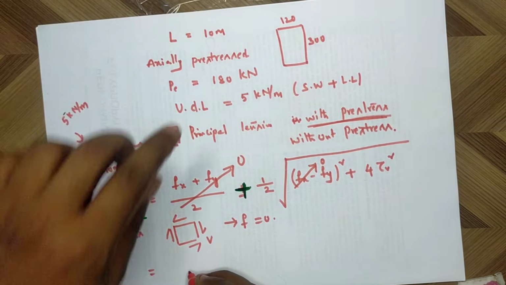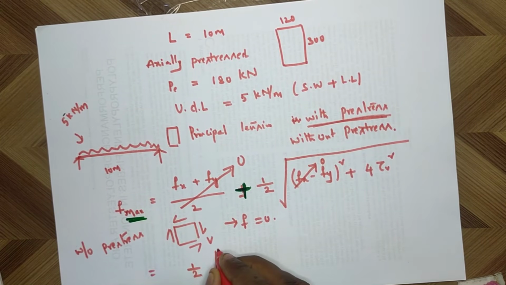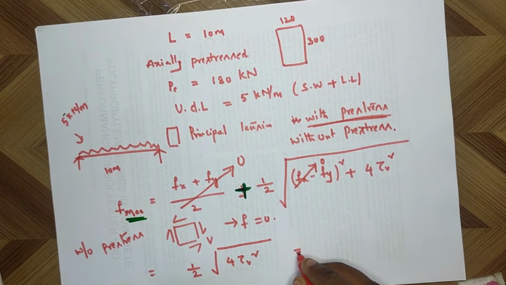Then the formula will be half root of 4 tau v square. We don't know what tau v is. That we need to determine.